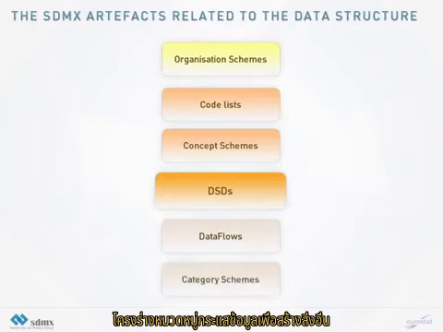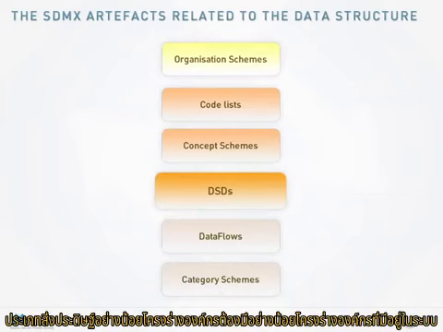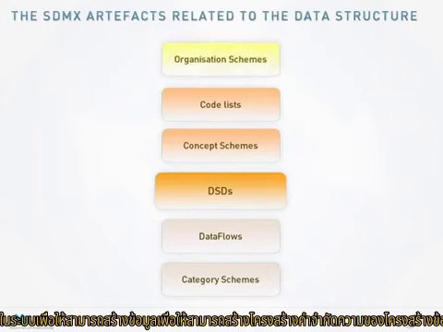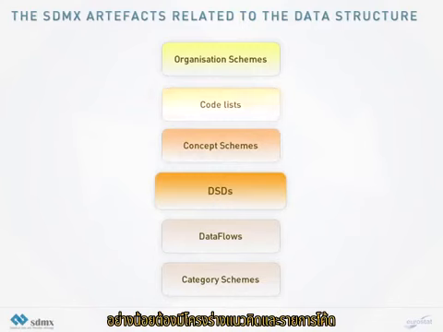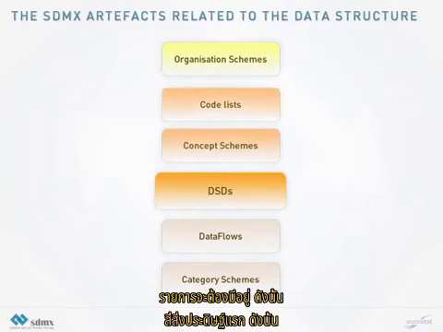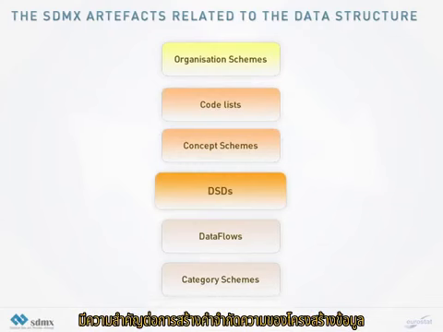In order to create any of the other artifact types, at least an organization scheme has to exist in the system. In order to be able to create a data structure definition artifact, at least a concept scheme and a code list must exist. Thus, the first 4 artifacts are essential to create a data structure definition.